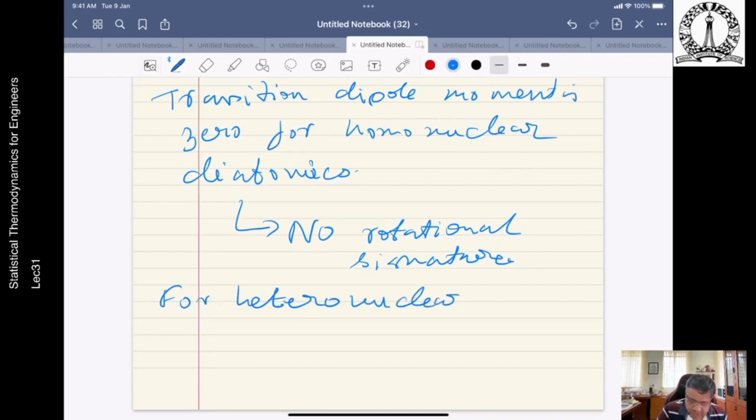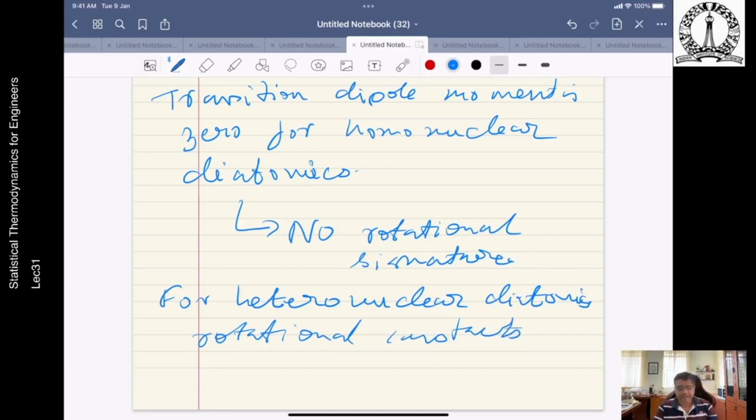For heteronuclear diatomics, the rotational constants range from 0.1 to 30 centimeter inverse.